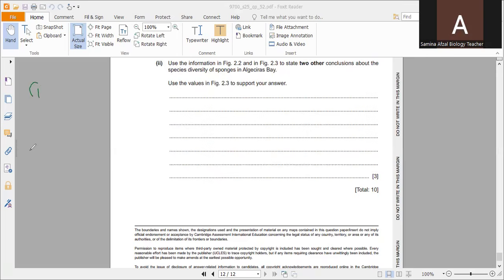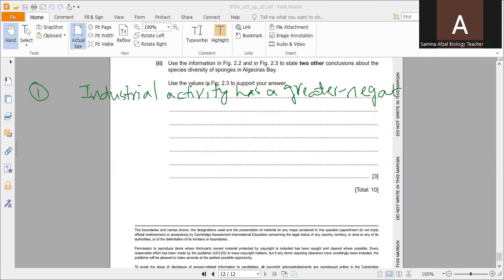The first conclusion is that industrial activity has a greater negative impact on diversity than tourism.